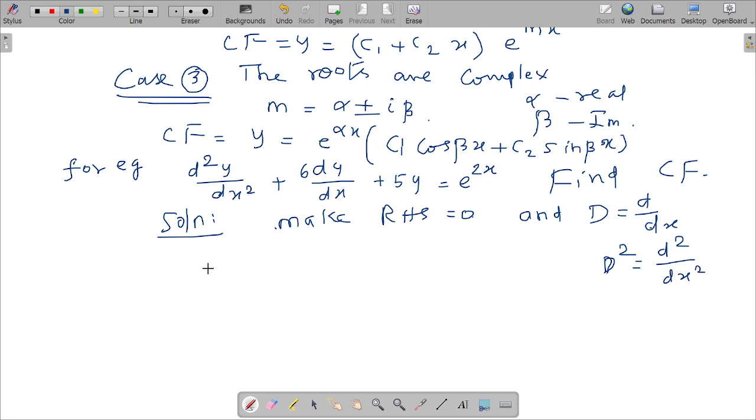Therefore, the equation becomes d square plus 6d plus 5, taking y common outside, y equal to 0. You are making the right hand side equal to 0. To find the complementary function, compulsorily you make the right hand side equal to 0. Next, you have to write the auxiliary equation, substituting d equal to m.